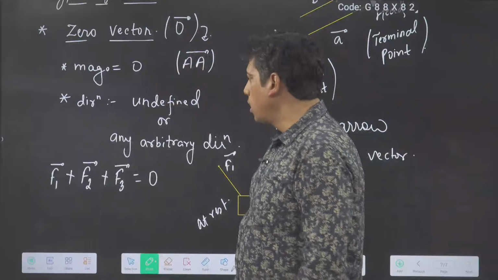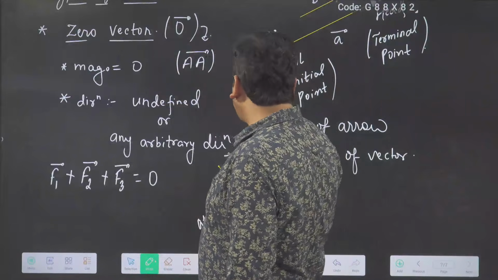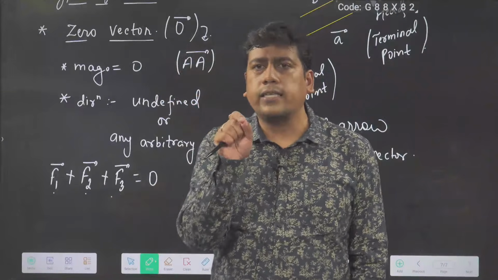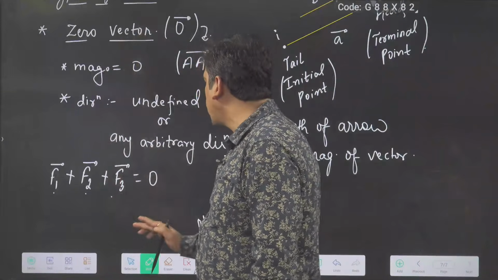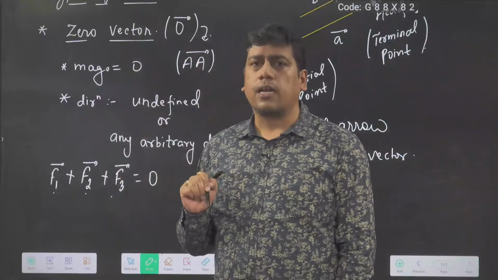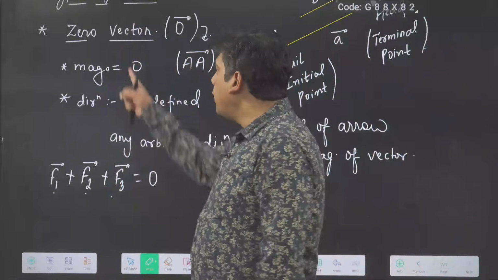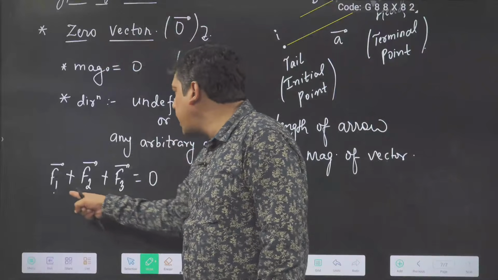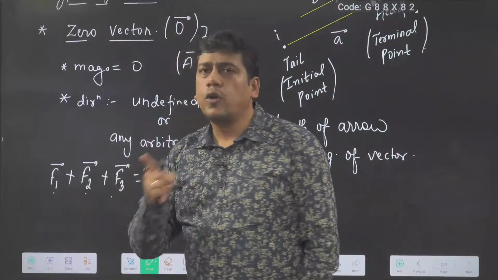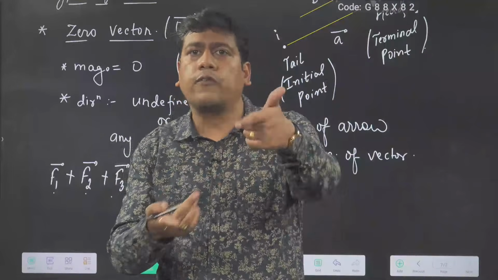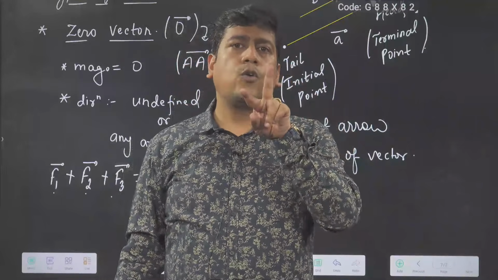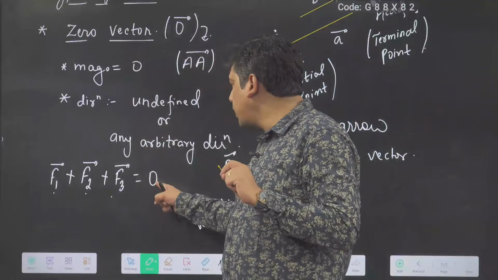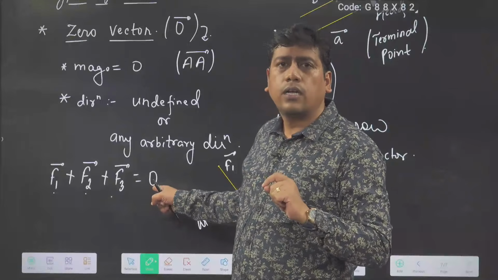Now, if it is a 0, you will say, sir, this is addition of vector quantities. If you don't define a zero vector, then this 0 will become a scalar. Please understand. If you don't know there is anything like a zero vector, you will say, sir, addition of vectors should be a vector quantity, because when you add force and force, you get force. So when you add two vector quantities, you must get a vector quantity. But if you don't define a zero vector, this becomes a scalar quantity.